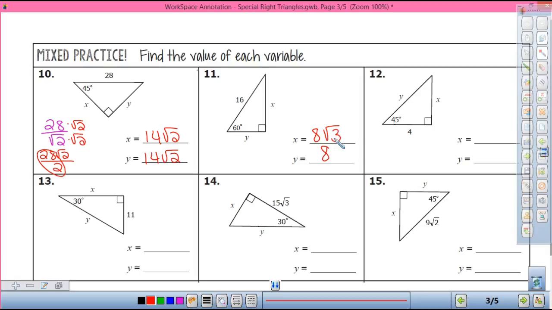Okay. What do I have at 12? 45, 45, 90. I have a leg. So my other leg is going to be 4. My hypotenuse is going to be 4 times the square root of 2. Yep.